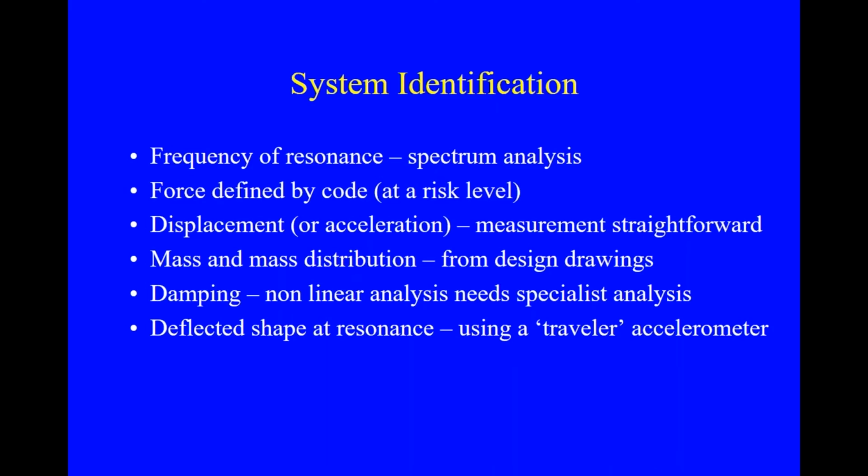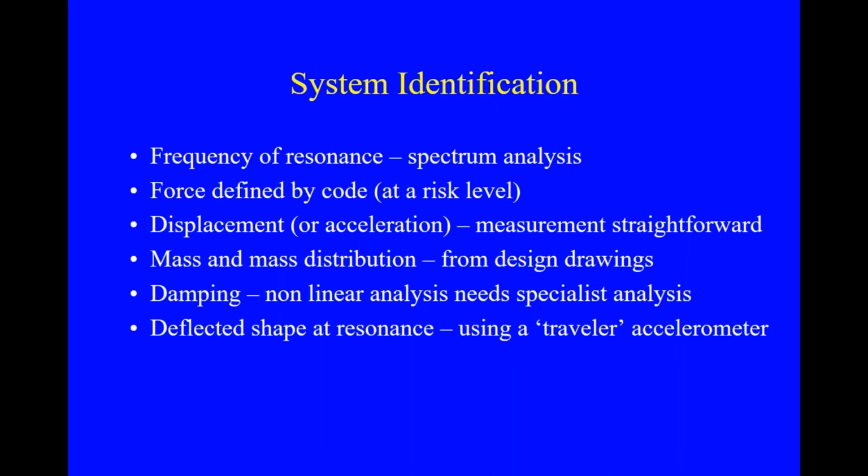The design condition is effectively the first mode of vibration, because that's the mode of vibration which reflects the quasi-static condition. So the frequency of resonance we can pick out with our technology by doing spectrum analysis. We do it correctly.